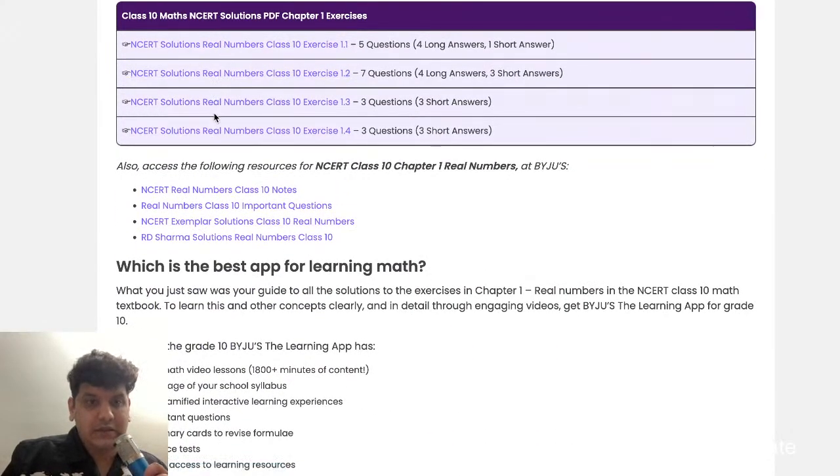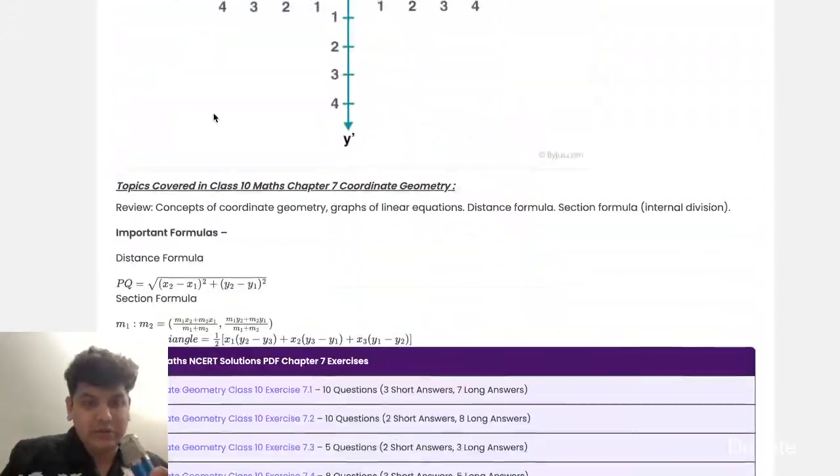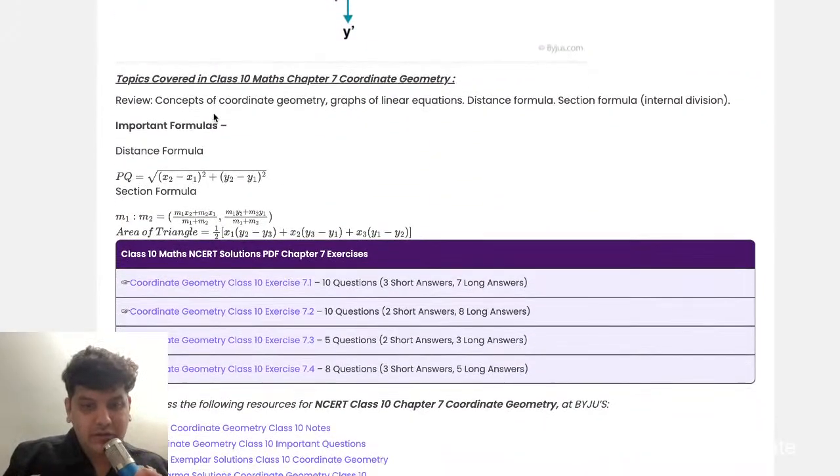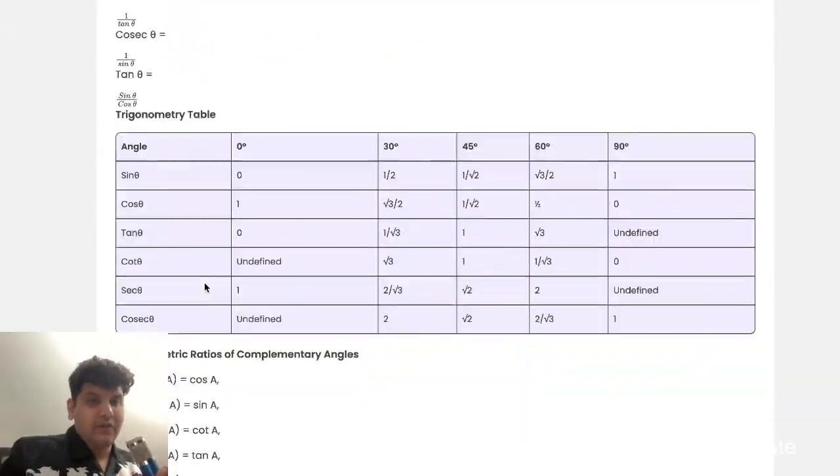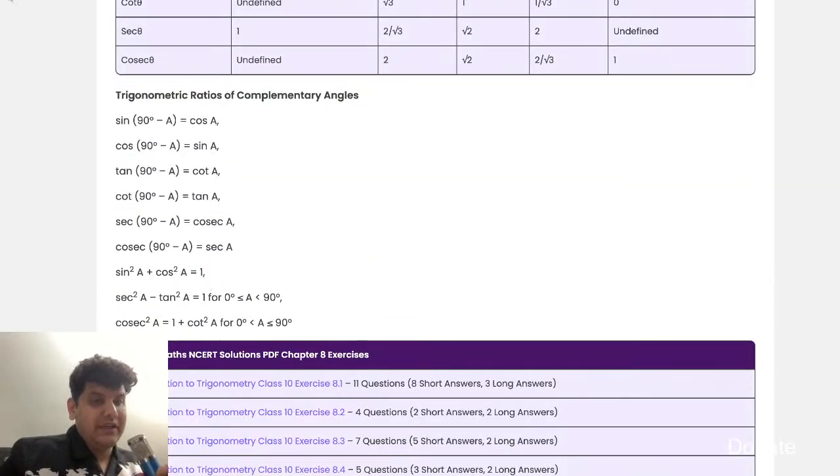NCERT class 10. Let's do some topic like geometry. But this is geometry class 10th exercise 7.1. So it is already available in the book. We don't want that. We need new questions.